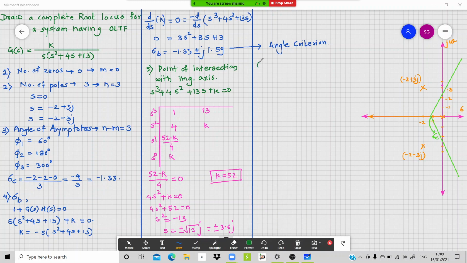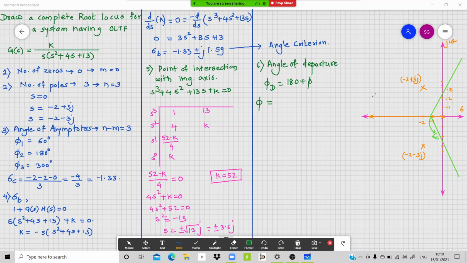So sixth one now, angle of departure. Yeah, so you know phi d is equal to 180 plus phi. We want to get it for this pole; the reverse will be for this pole, just the mirror image of that. So we are interested in phi, right?